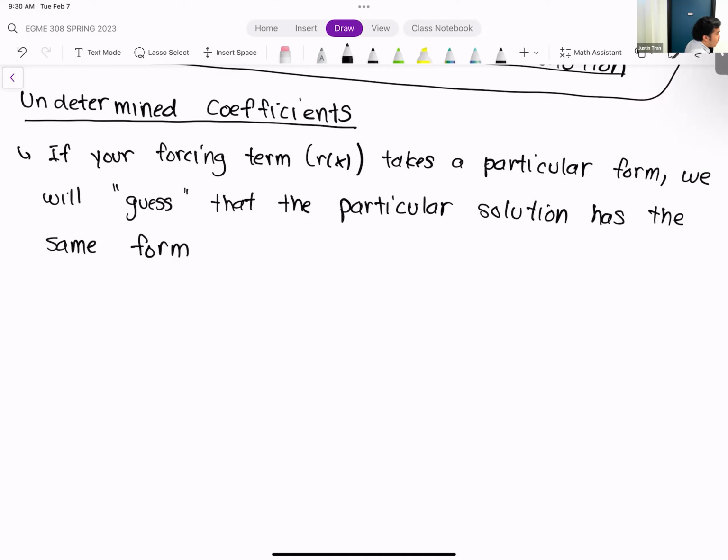And so we're relying on the fact that our particular solution is going to look the same as our forcing term.